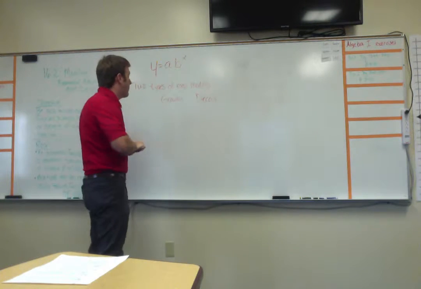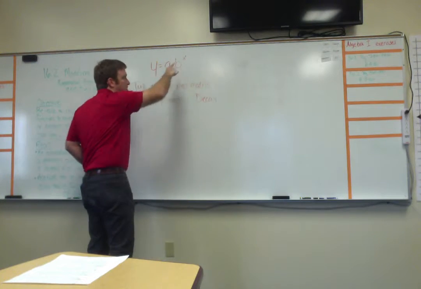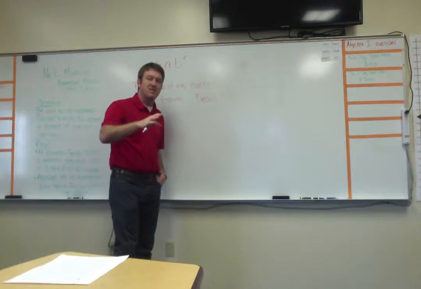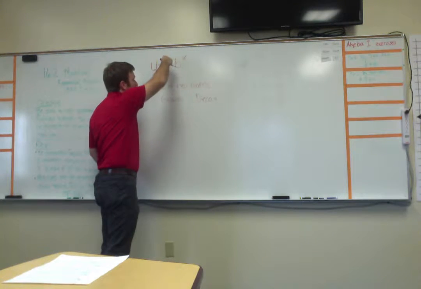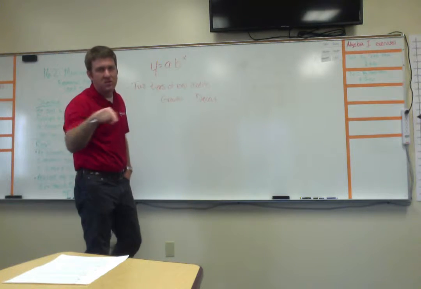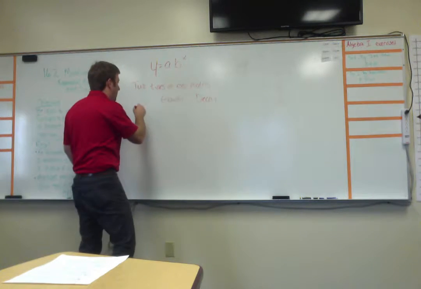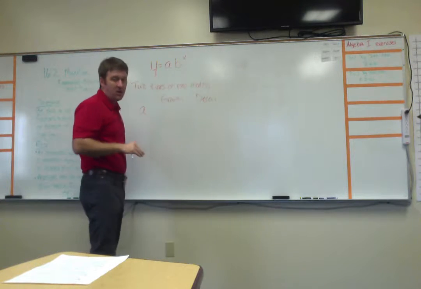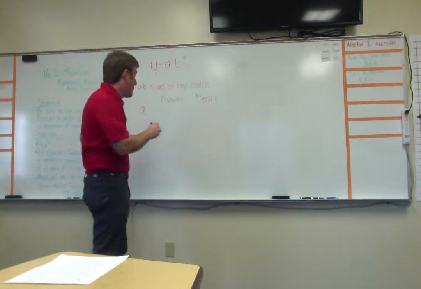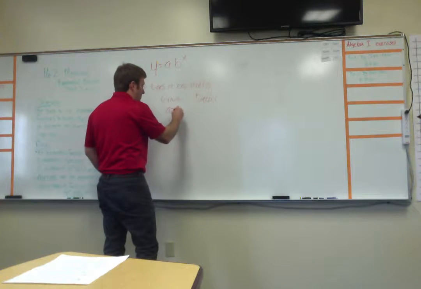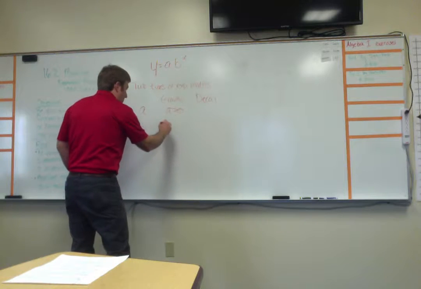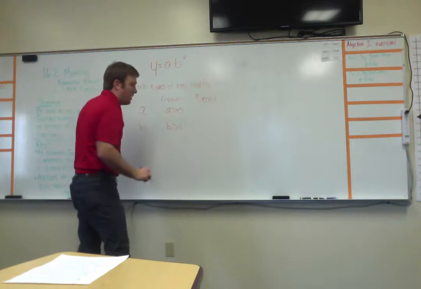So with the notation we've dealt with before, if you can remember what we've dealt with in previous lessons about what happens depending on the value of A and what happens depending on the value of B, this will help you understand growth and decay. So with the value of A, for a growth function, when a quantity is growing over time, A is greater than 0, okay? And B is greater than 1, okay?